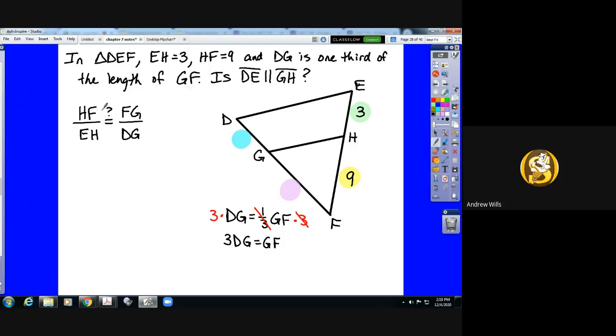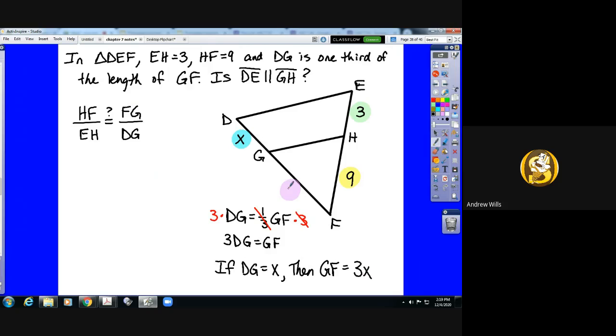So we're going to put an X for DG. If DG is equal to X, then GF is equal to, okay, thank you for that, Wyatt, 3X, yes, 3X.